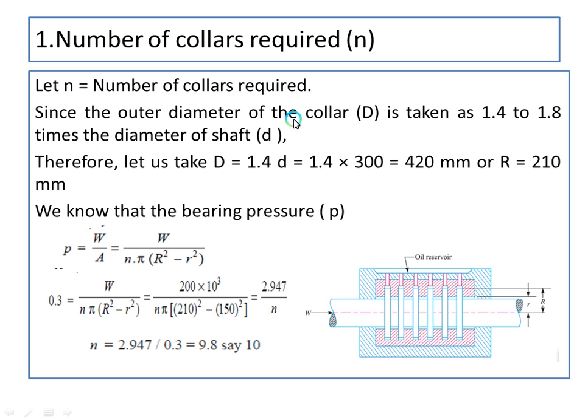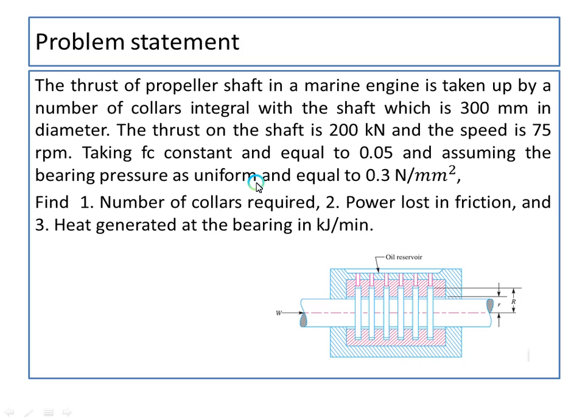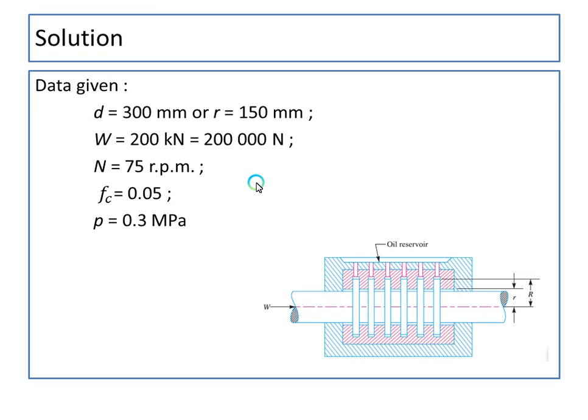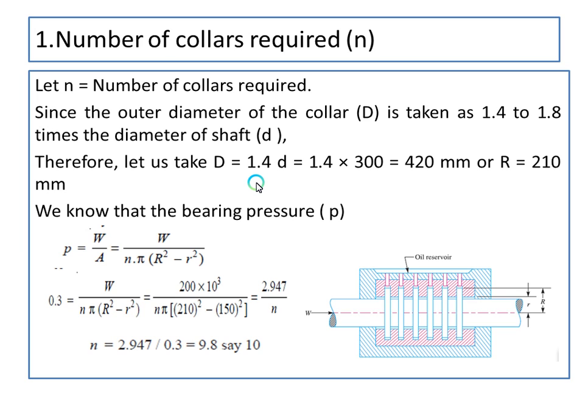Since the outer diameter of the collar is taken as 1.4 to 1.8 times the diameter, as we have learnt in the design aspects in earlier sessions, the outer diameter of the collar, capital D, which is nothing but the collar outer diameter, can be taken as 1.4 to 1.8 times the diameter of the shaft.